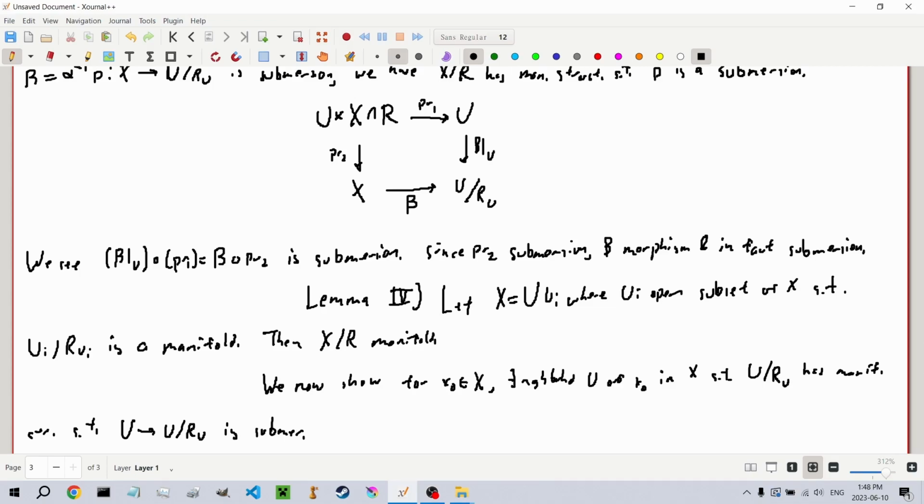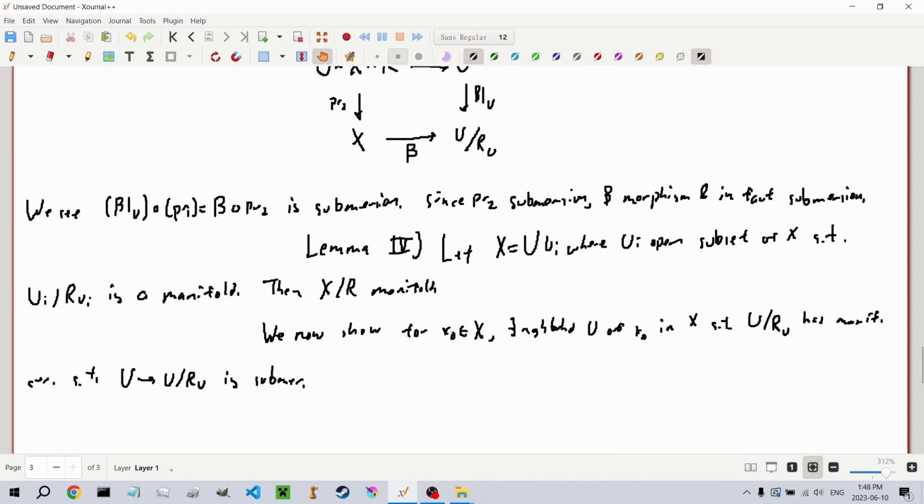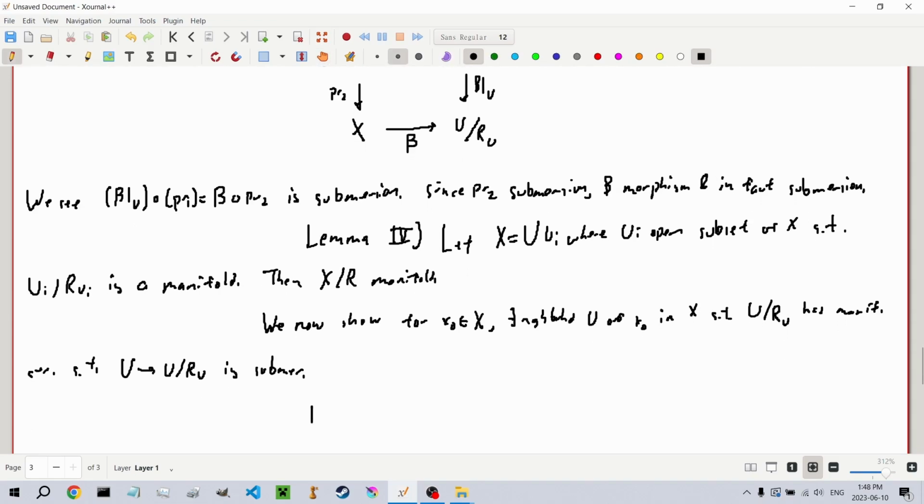So essentially we have this way now to split up our quotient into its pieces with this RU construction. And we know that we can build a manifold out of like pieces with this previous lemma, so we just gotta do it now.